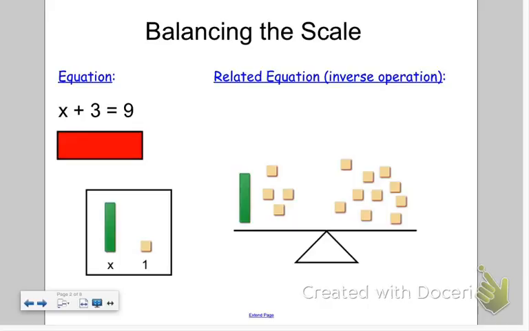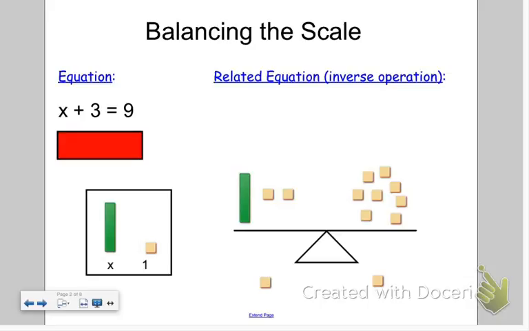If I only added 1 to one side and not to the other, my scale would end up tipping. The same thing goes for subtraction. If I go back to my original equation, x plus 3 equals 9, and take one algebra tile off the left side, then I better take one off the right side to keep it balanced. Whatever I do to one side, I must do to the other. That's so very important with an equation.